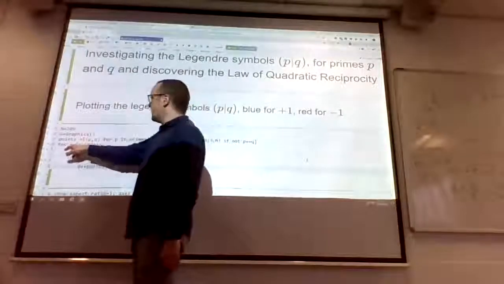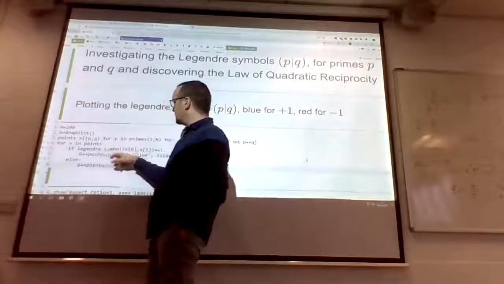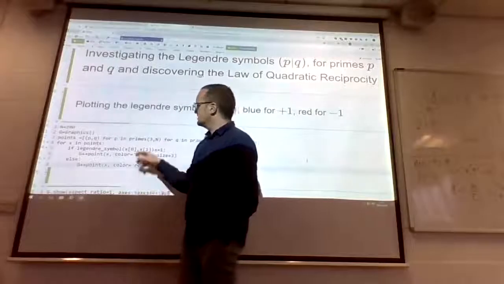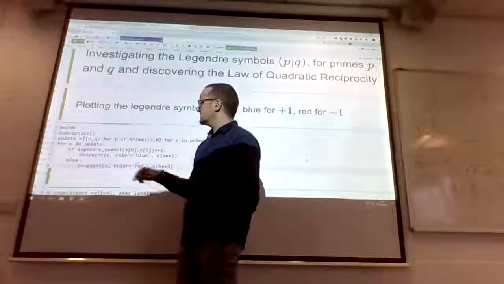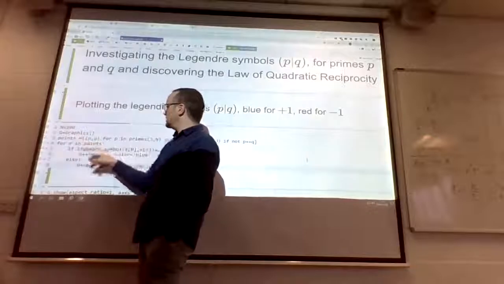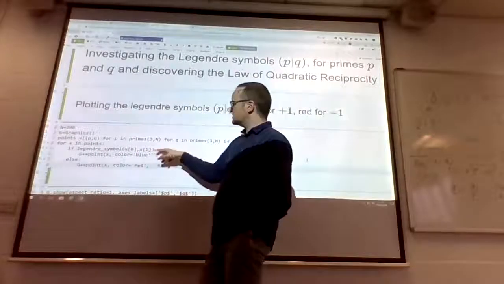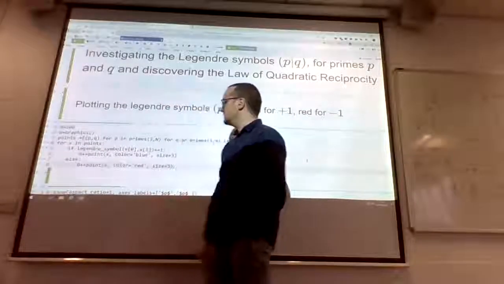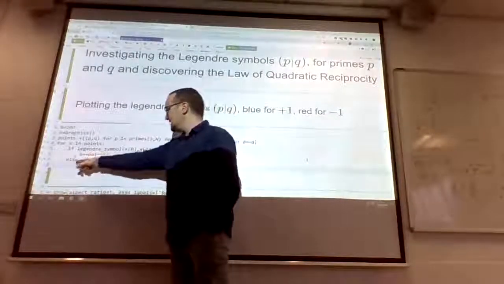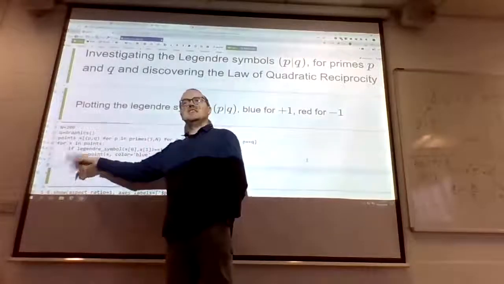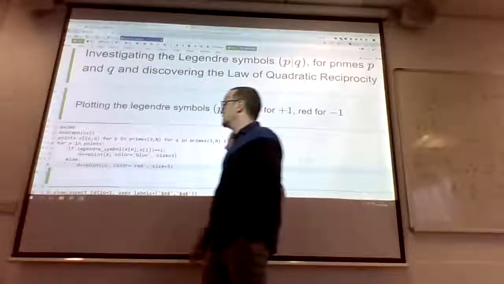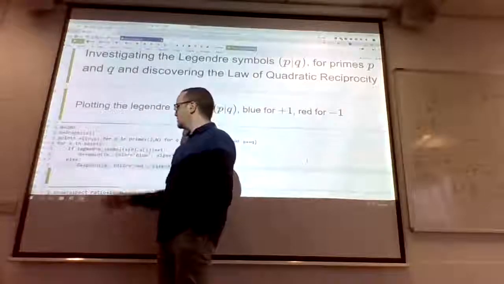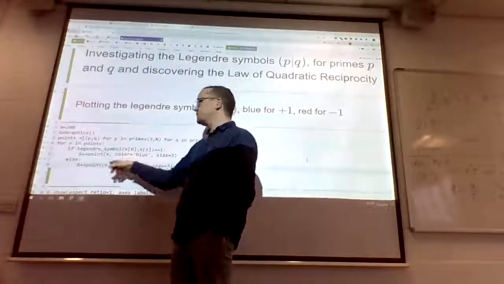Then for every pair in the list of points, x0 is P and x1 is Q, the first and second entries of the list, I work out the Legendre symbol. If it's +1, I add a blue point to the plot. If it isn't +1, it must be -1, so if the Legendre symbol of P mod Q is -1, I plot a red point.